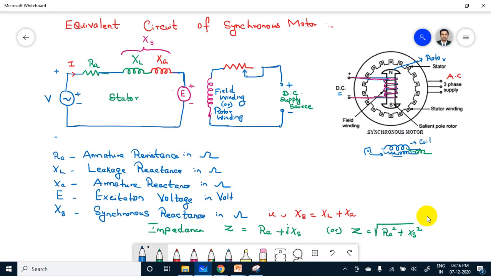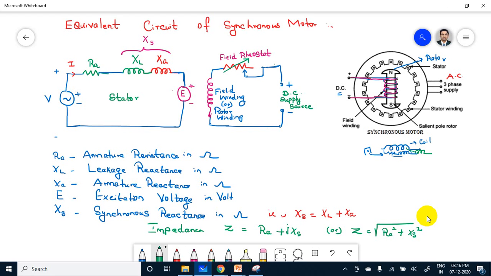Okay, so the rheostat connected in the field winding, so we have to call it field rheostat. This field rheostat will be variable. Okay, this is called a variable rheostat.